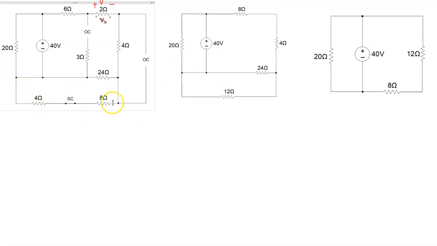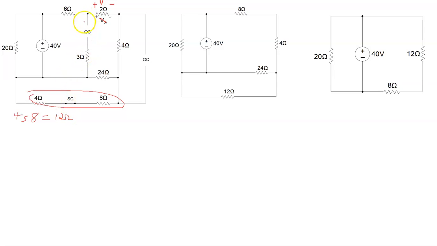And so we've included the 4 in series with the 8. Let me say first then that, okay, we're going to combine these. They are in series, so 4 in series with 8 is equal to 4 plus 8, or 12 ohms.